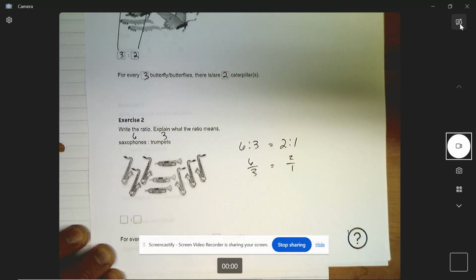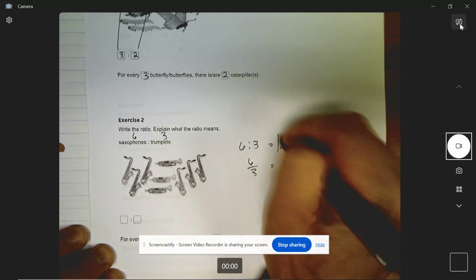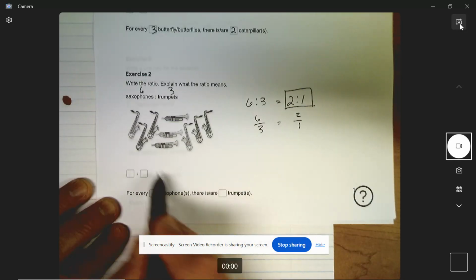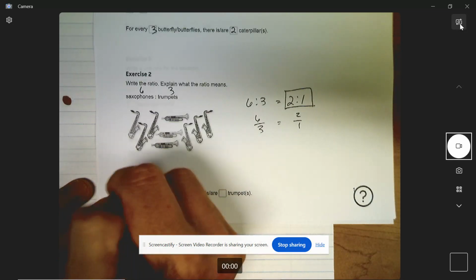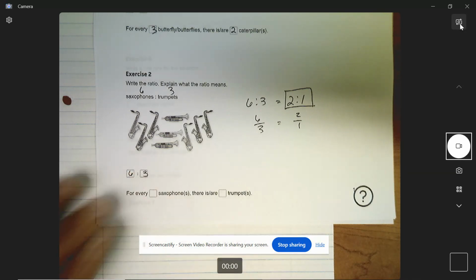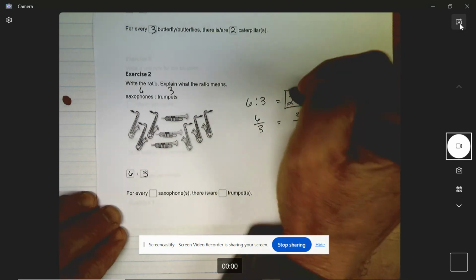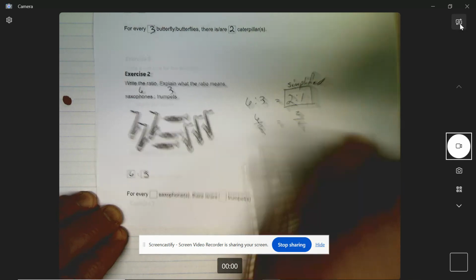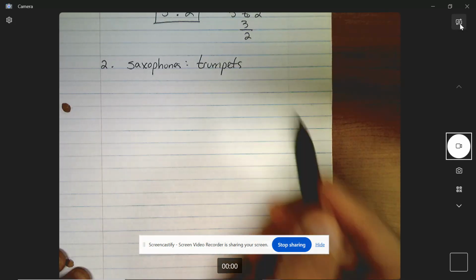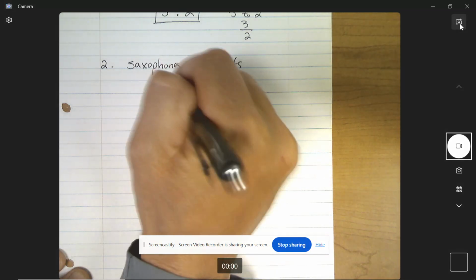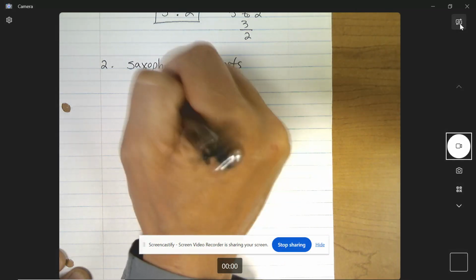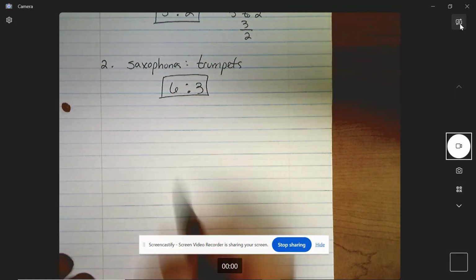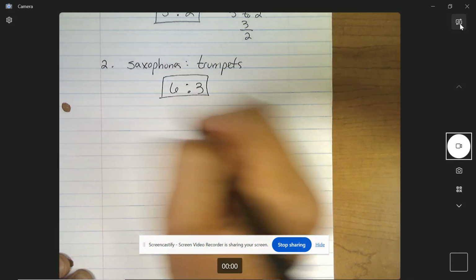All right, so I will tell you that this is a better answer, but when you solve it, they want the 6 to 3. So they're just looking at the exact count. This is simplified. So in your notes, the ratio is a 6 to 3 ratio. And so your answers are going to be 6 and 3.